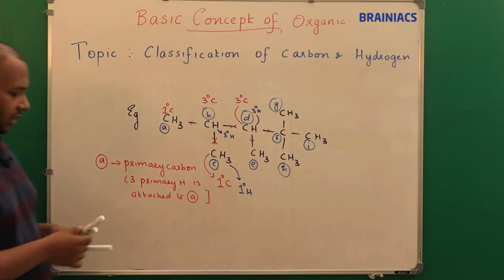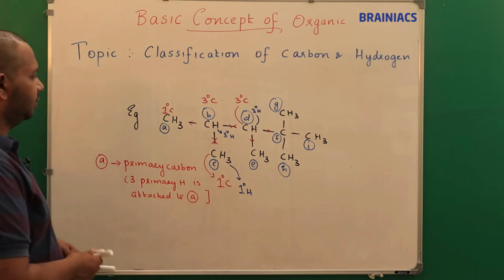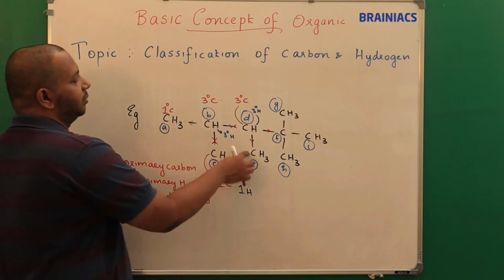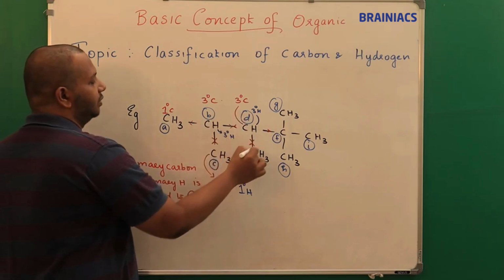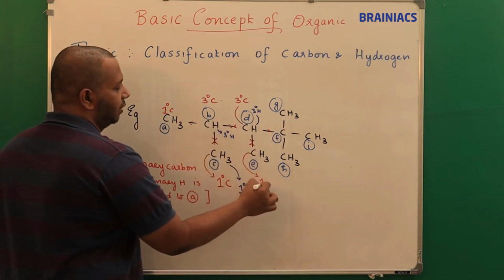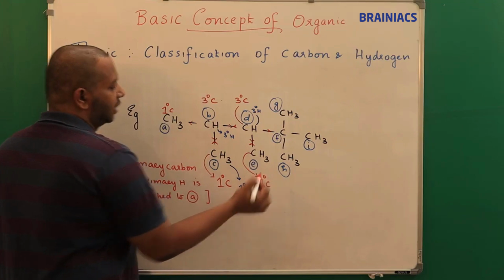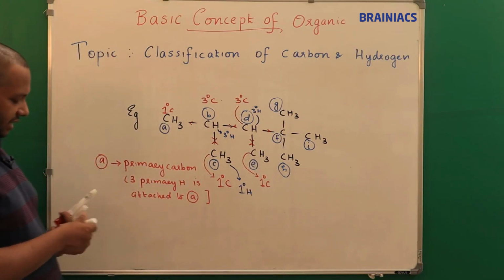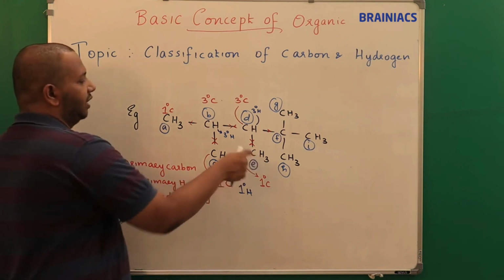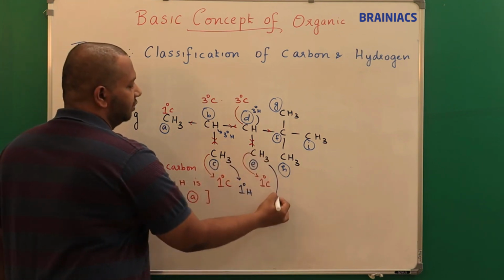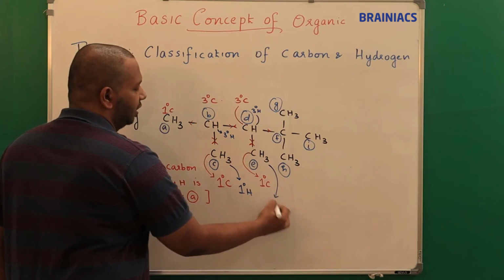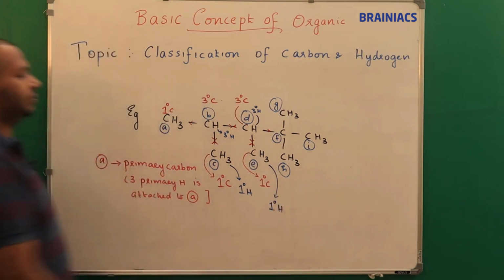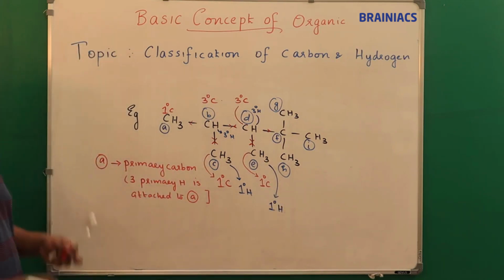Now coming to E. I hope now it is very much clear for you. This carbon atom is connected to only this carbon atom. So this is again a 1 degree carbon. Correct? And what about the hydrogen? The hydrogen which is connected to a 1 degree carbon is 1 degree hydrogen. So these 3 hydrogen atoms are what actually? 1 degree hydrogen atoms. Correct?